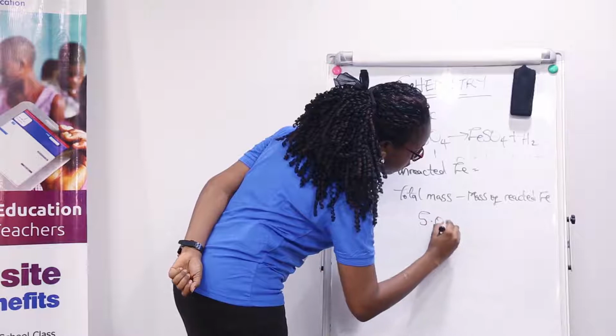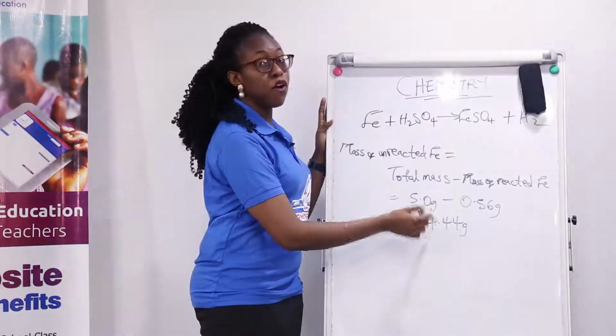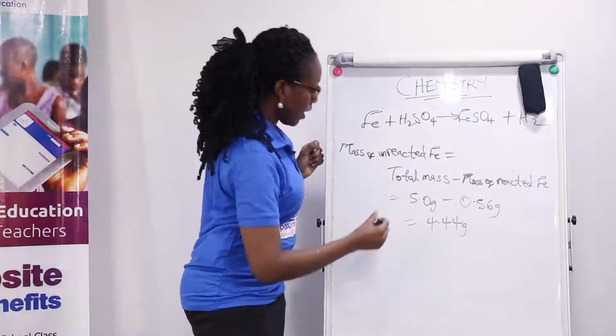So 5.0 minus 0.56 will give us 4.44 grams.